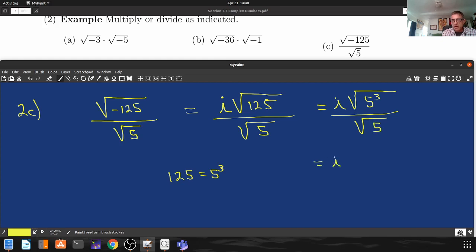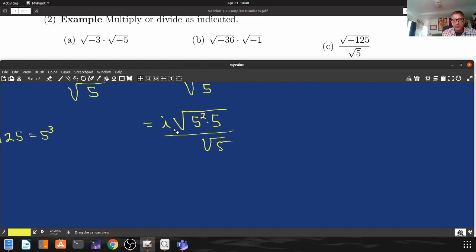Remember the square root has index 2, so I'm going to introduce a square. 5 cubed is 5 squared times 5, divided by the square root of 5. Well, my index is 2, so the base can come out.